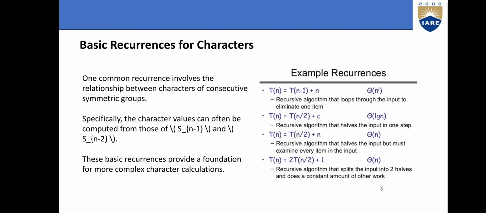The basic recurrences provide a foundation for more complex character calculations. Example recurrence: T of n equal to T of n minus 1 plus n, which means a recursive algorithm that loops through the input to eliminate one item.